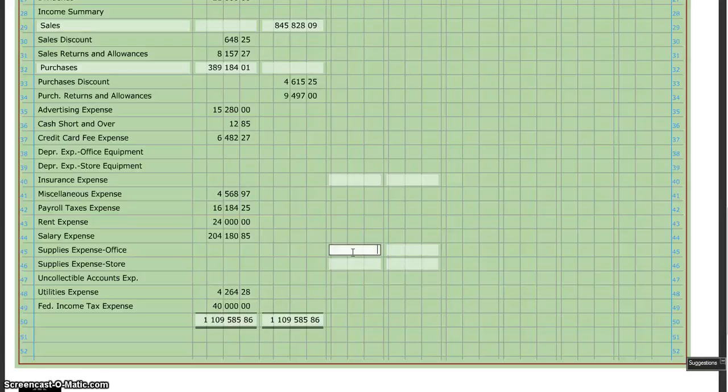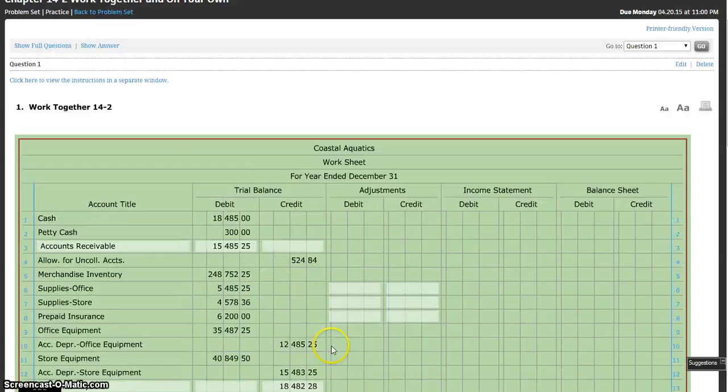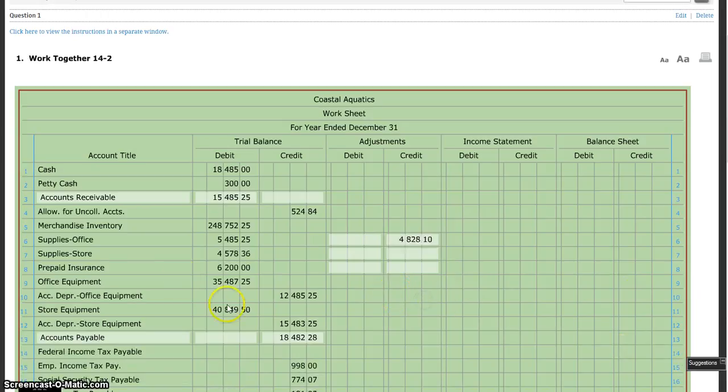So the amount that we got when we subtracted was $4,828.10. And then we do the credit account to show that we are crediting the amount that we used for the same amount, $4,828.10. So now go ahead and try the supplies-store and the prepaid insurance.